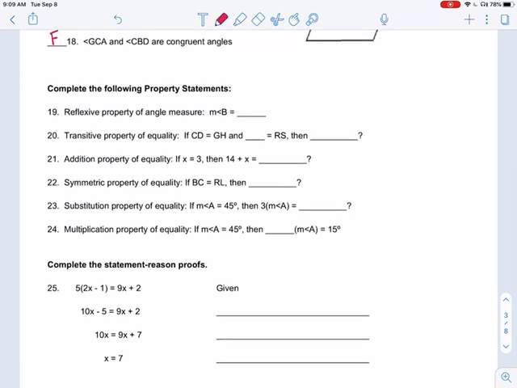All right, so for our properties, we're going to be looking for something like our reflexive, transitive, addition, and so on and so forth. So reflexive property of an angle measure.